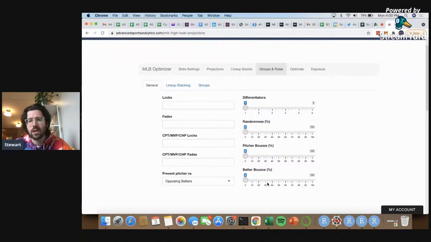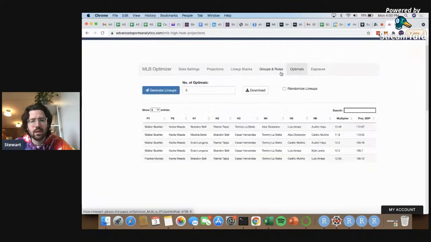There's opportunity for a lot of duplication, which we should seek to avoid for tournament purposes. So adding randomness will, as the term suggests, add randomness to projections with each optimal run. Each attempt at generating the next best lineup that hasn't yet been created will inject some degree of randomness.